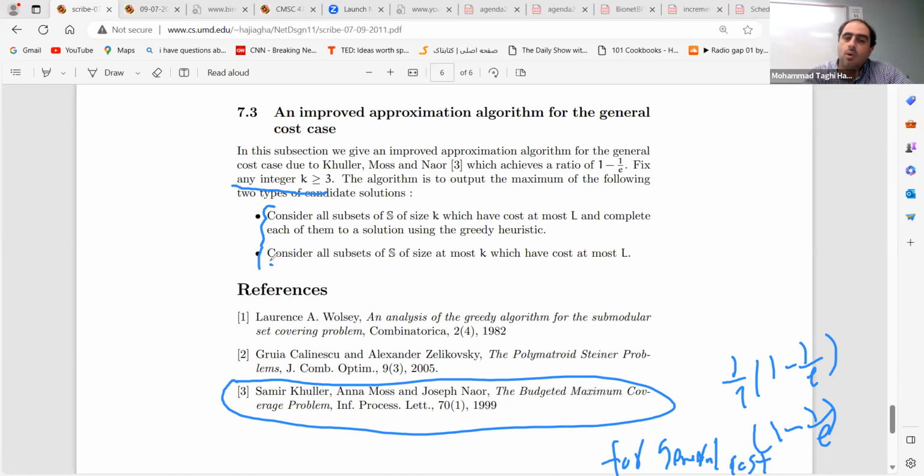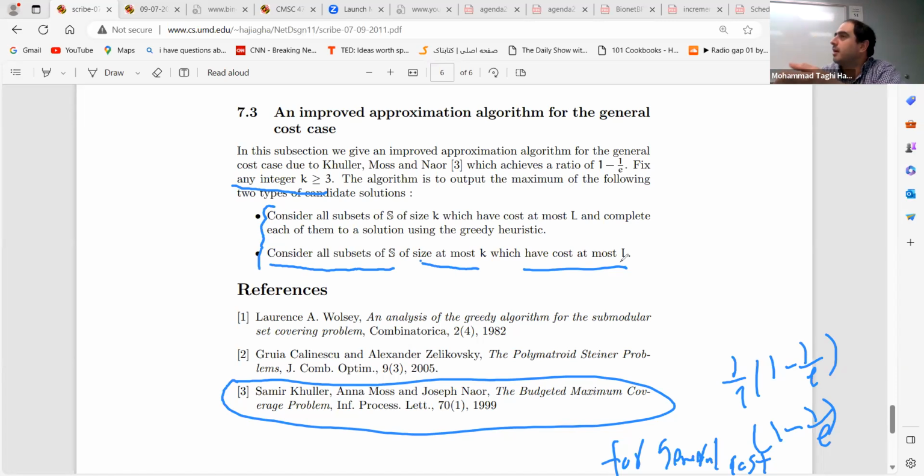First is that consider all subsets of S of size at most k that have cost at most L. Note that in the previous case, I mentioned that I will just select one set that has maximum weight. Here I'm saying that, okay, in the algorithm, I can do more than that.